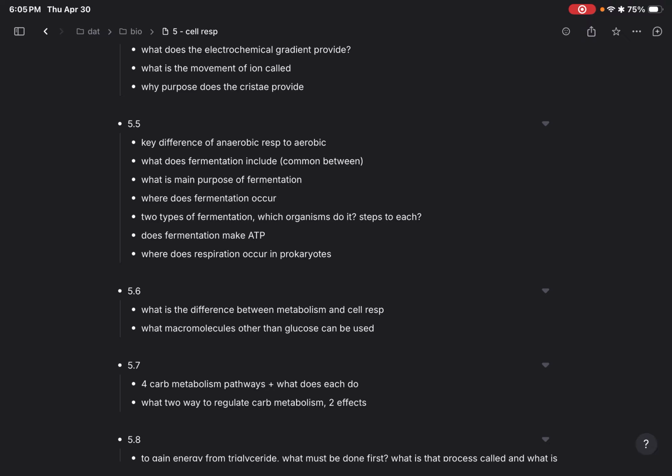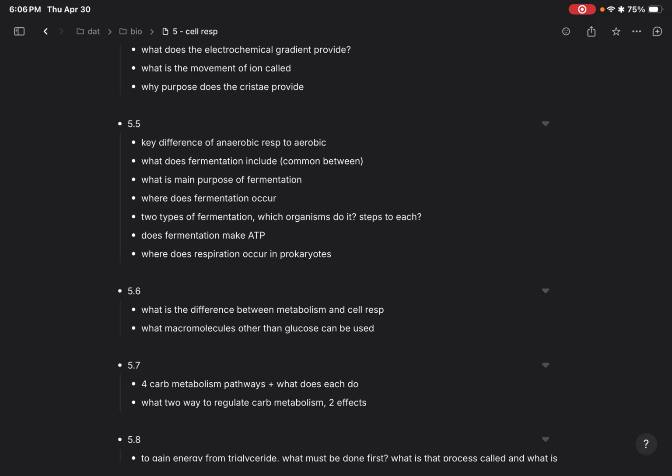Steps to each one. So with lactic acid fermentation, there's no acetaldehyde, so there's no electron capture in the end. So what will happen is that pyruvate from glycolysis will come in, it will form NAD+. Okay, wait, I'm kind of BSing myself right now. Pyruvate will go to NADH, and it will form lactate and NAD+.